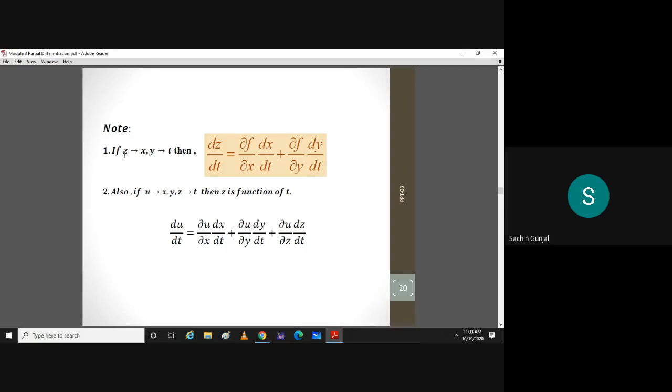Then you can calculate the derivative of z with respect to t, and using the chain rule, dz/dt is equal to ∂z/∂x, this is not f, it has to be z, into dx/dt plus ∂z/∂y into dy/dt. This is again the definition of total derivative, because if for the time being you hide this dt from everywhere, you will get the definition of total derivative: dz is equal to ∂f/∂x dx plus ∂f/∂y dy.